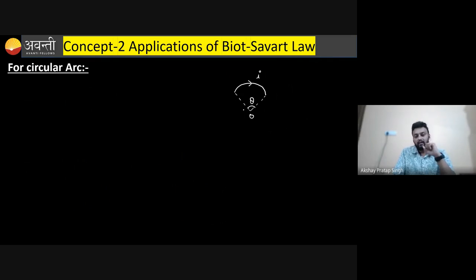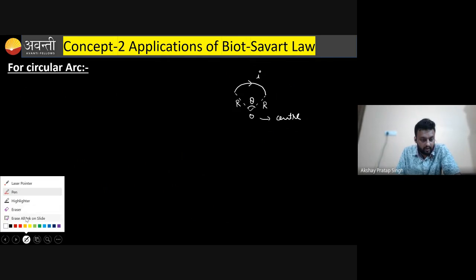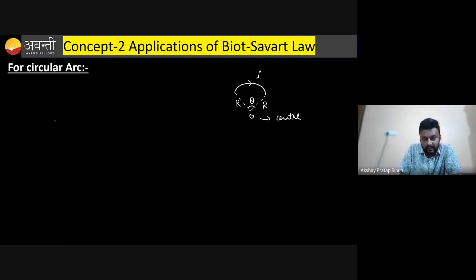Okay, sir, then what will be the field at the center? Let's suppose its radius is R. O is the center. For this particular case, try to remember the relation B is equal to mu naught I upon 2R, that is the field due to a complete loop, multiplied by theta by 360.